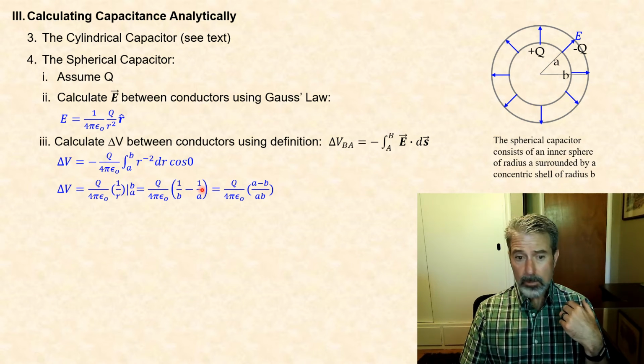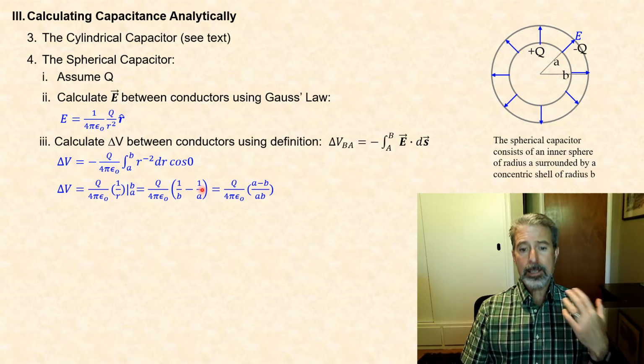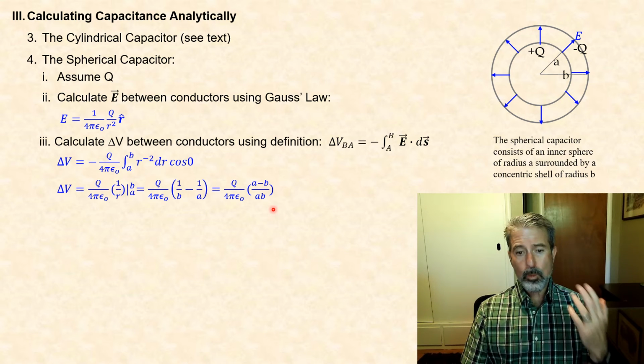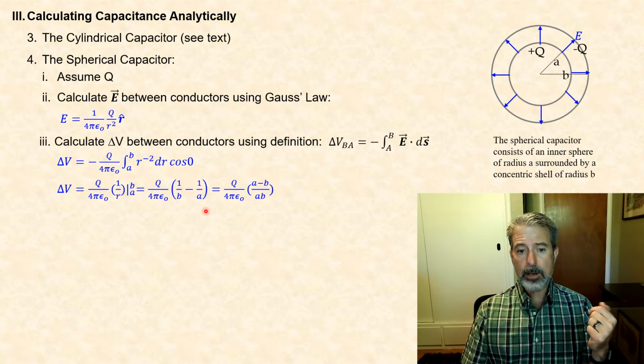Now, you will notice here that I've chosen to write this a little bit differently. It's going to make our calculation of capacitance look a little bit different, but instead of writing it like this, I've gotten a common denominator, ab here.